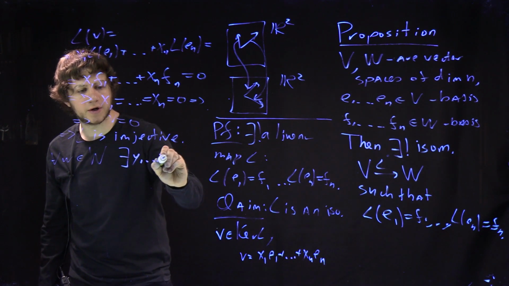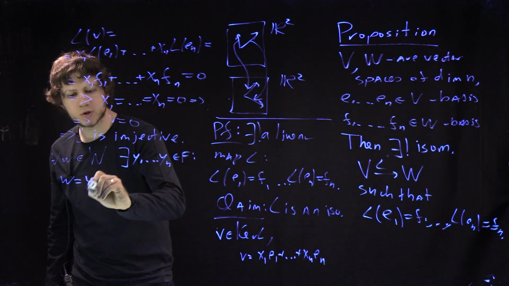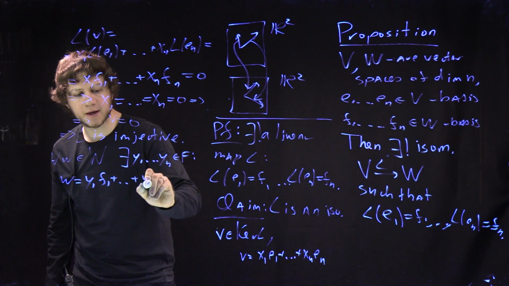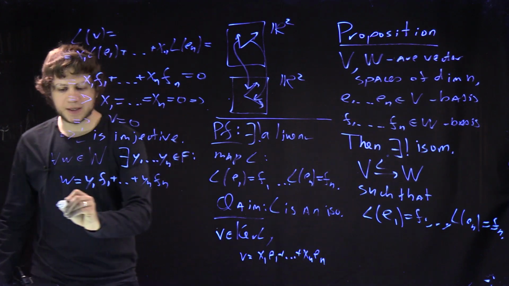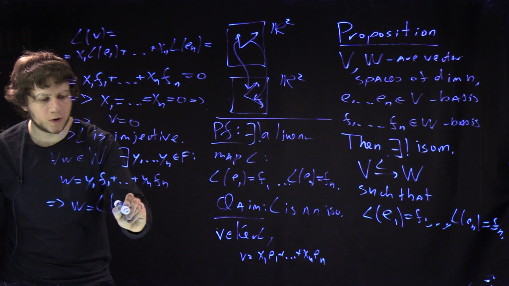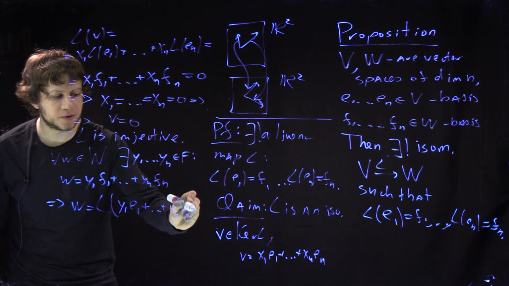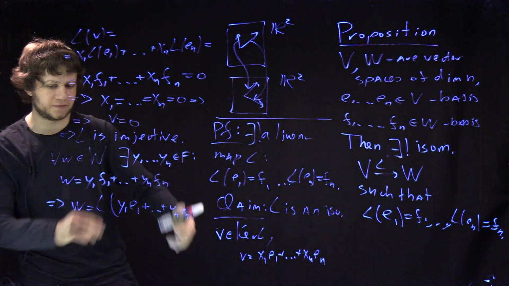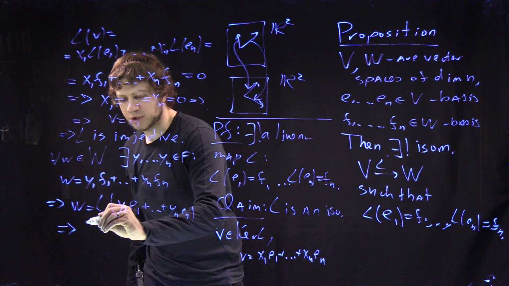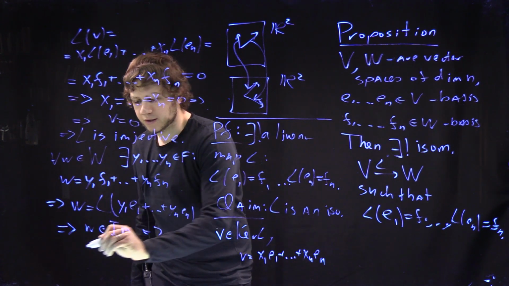There exist some coordinates in F such that W equals Y1 F1 plus and so on plus Yn Fn. But then W is just the image of the vector Y1 E1 plus and so on plus Yn En, just because when you apply L, this is where it goes. So W is in the image, and so L is surjective.